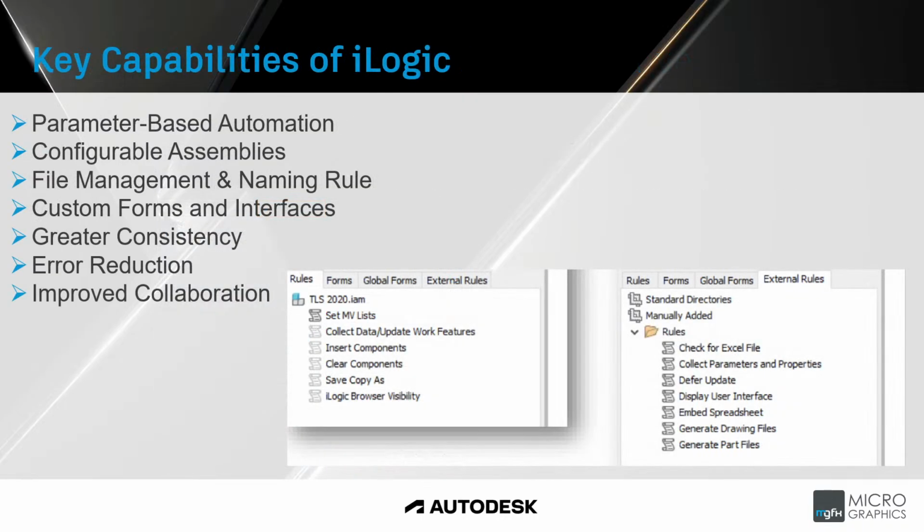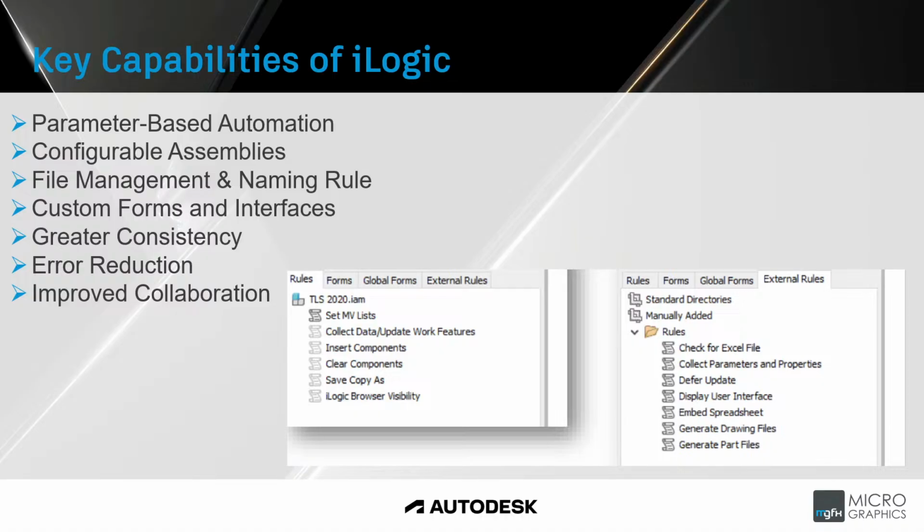The key capabilities of iLogic: your parameter-based automation, where you can drive features and dimensions using conditional logic, automatically updating part size, patterns, or positions based on user input. Some examples would be to change the number of holes in a plate when length exceeds a certain value.